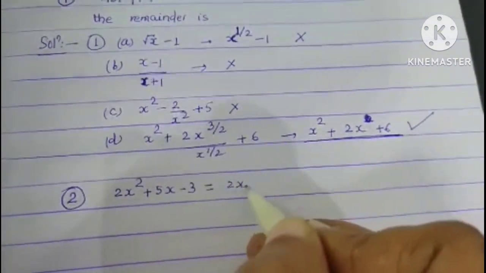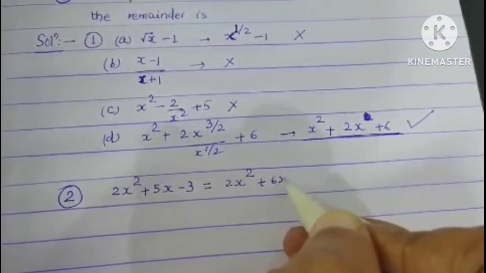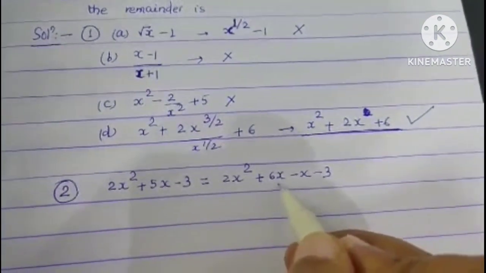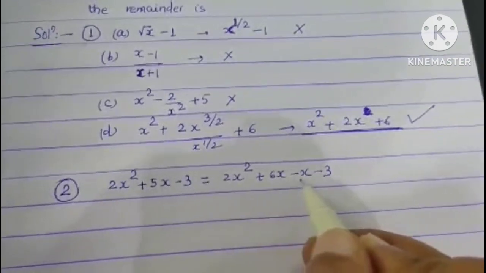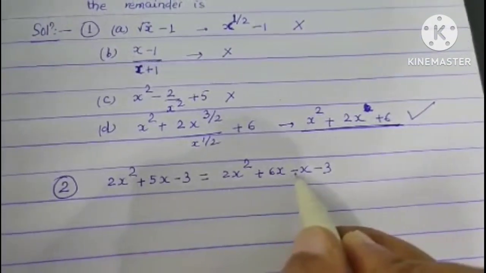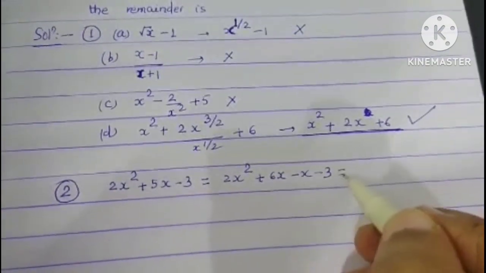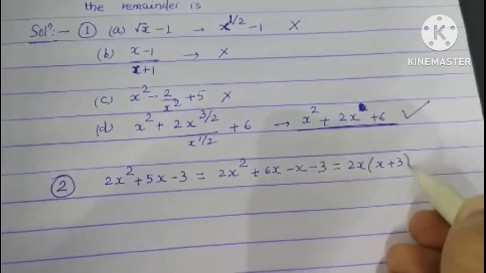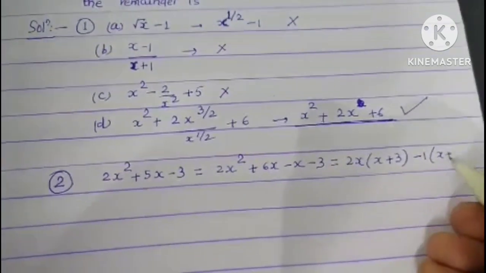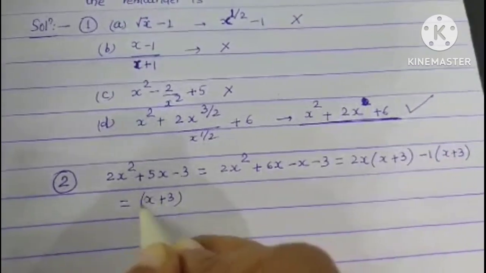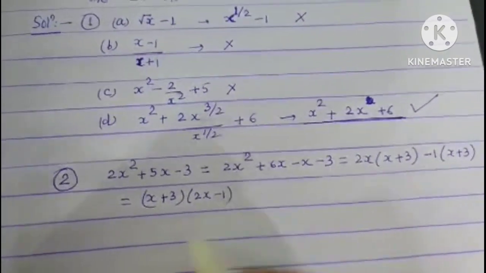So we can write it like this: 2x square plus 6x minus x minus 3, because of splitting the middle term, 6x minus x will give us 5x, and the multiplication is plus 6 times minus 1, so minus 6. So you can write it like this: 2x into x plus 3 minus 1 into x plus 3. So this will give you x plus 3 and 2x minus 1.